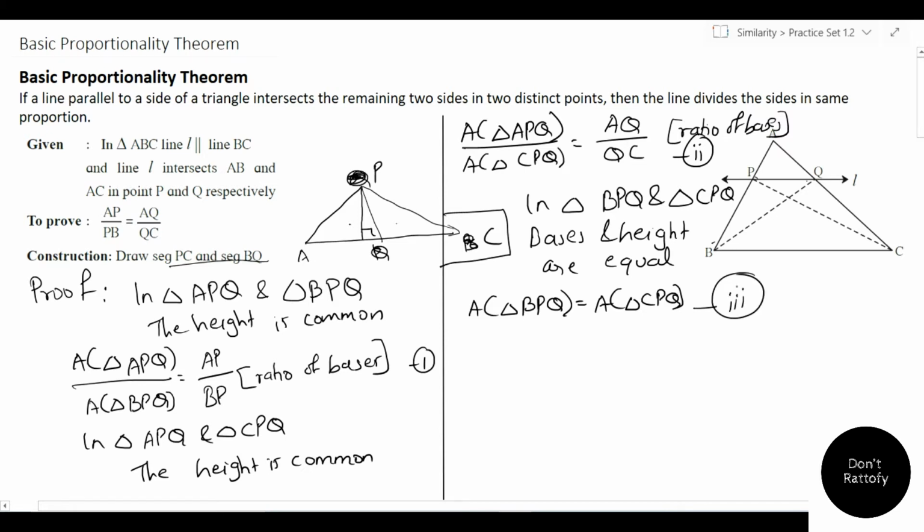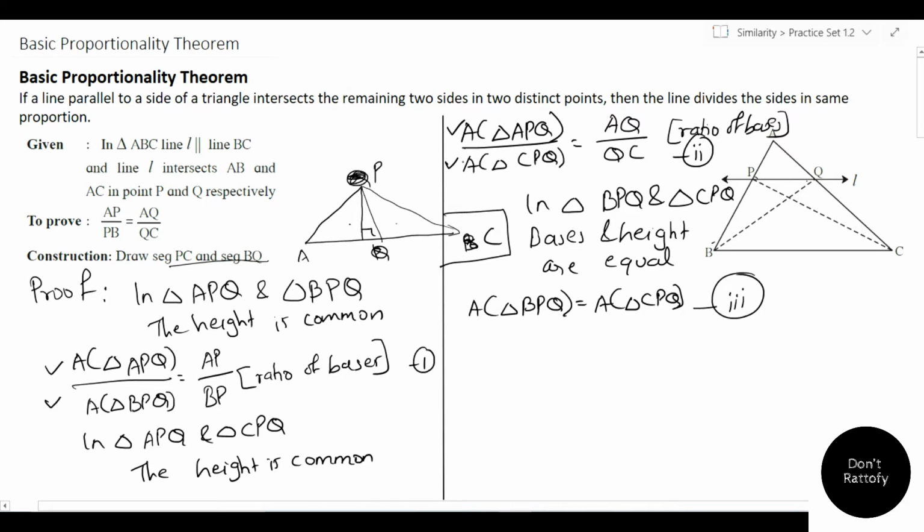Now just consider equation 1, equation 2 and equation 3. Consider the left hand side of equation 1 and equation 2. The upper part of the first is triangle APQ, which is equal to the upper part of the second equation's LHS, that is triangle APQ. Now on the denominator side, what do I have? In the first equation the denominator is area of triangle BPQ, and in the second equation the denominator is area of triangle CPQ.